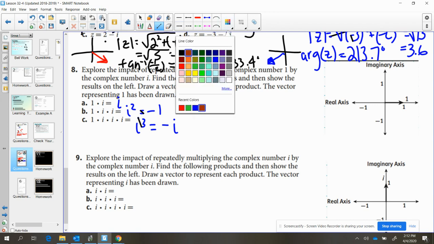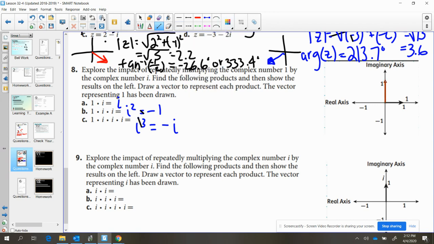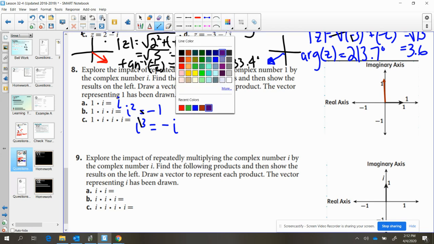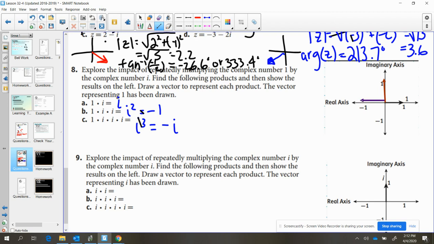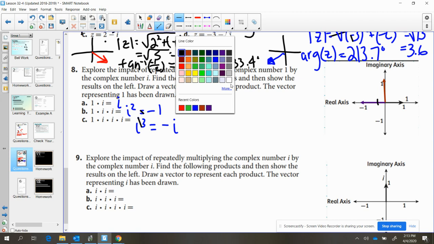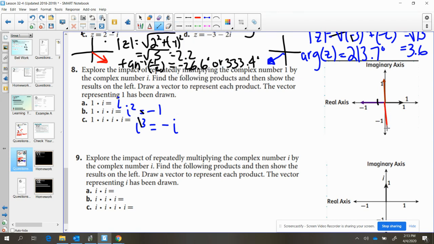And if we start moving around the circle here, this would be the value of a. And then we would have the value of b. Just move it down a little bit. There's b. And then c would be represented by going down here to negative i.